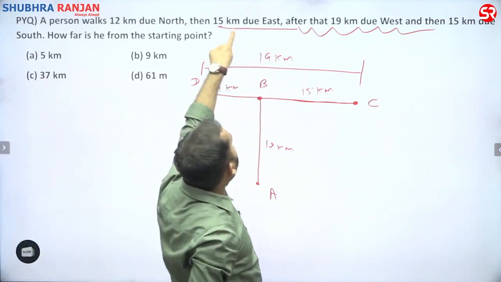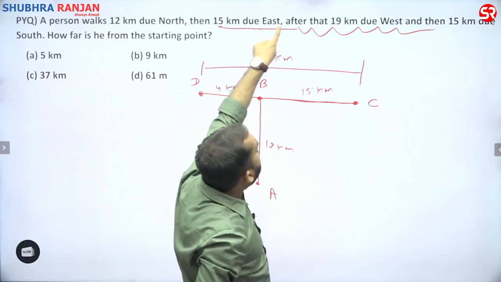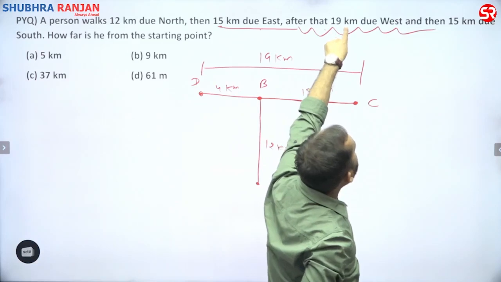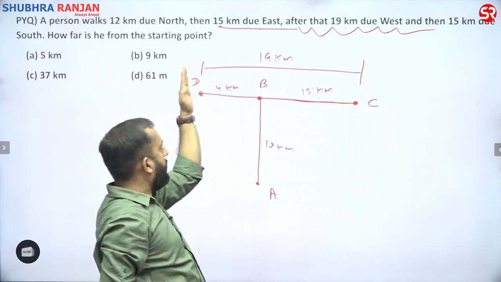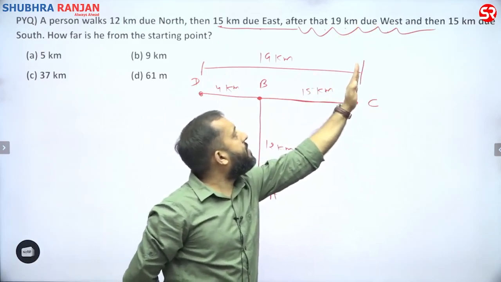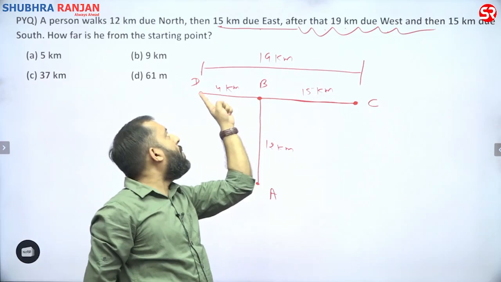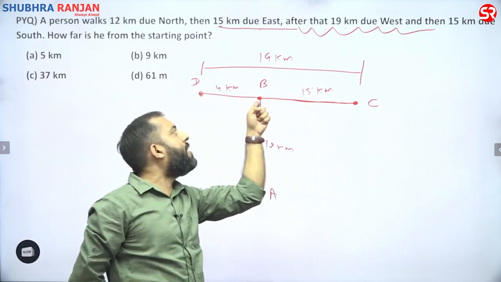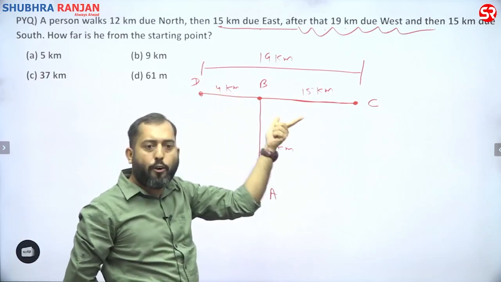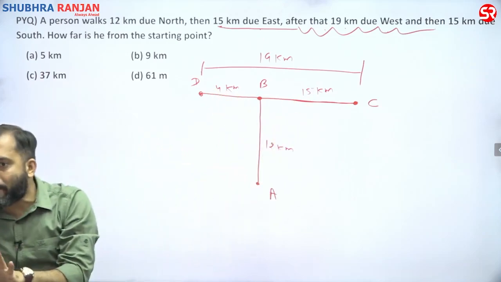See, after reaching point C, that person went 19 km due west. From point C due west, 19 kilometers is point D. So from C to B the distance was 15, then definitely from B to D the distance has to be 4 kilometers. Is this clear to everybody?